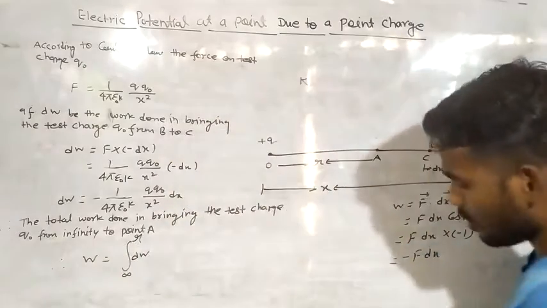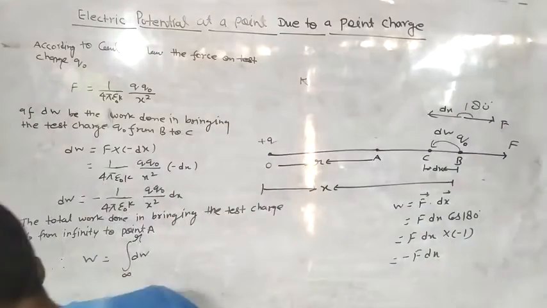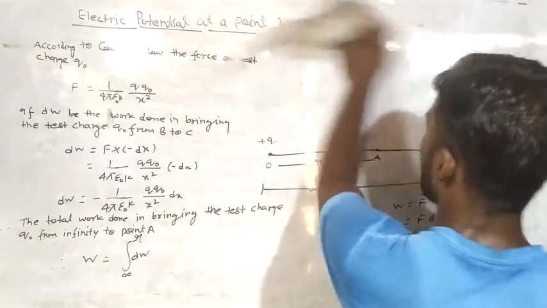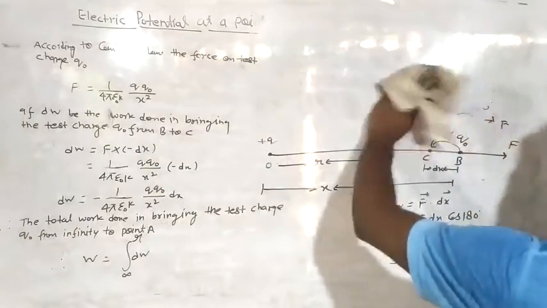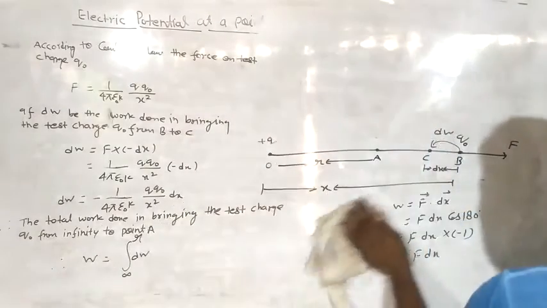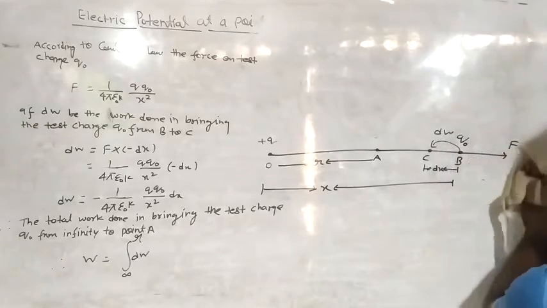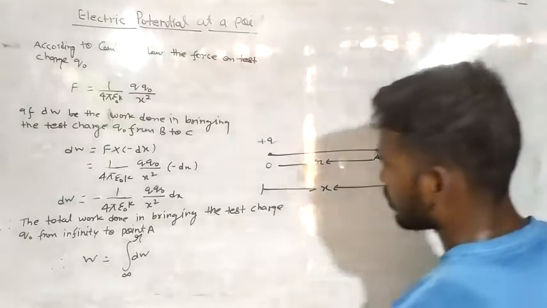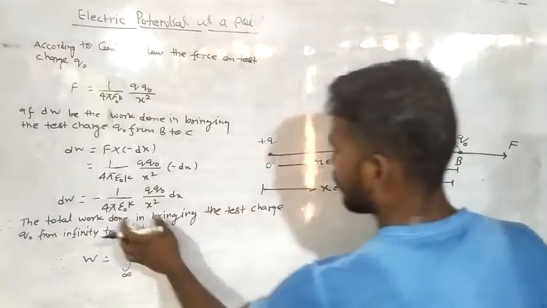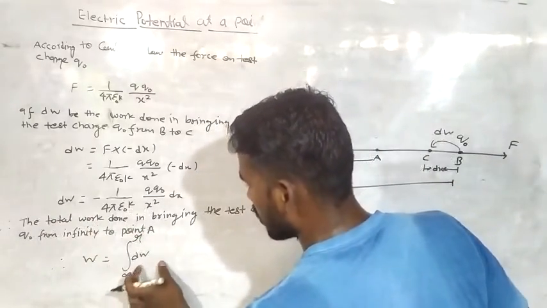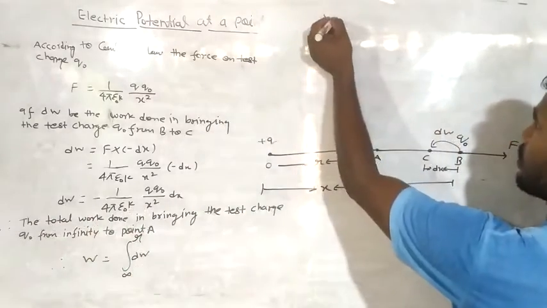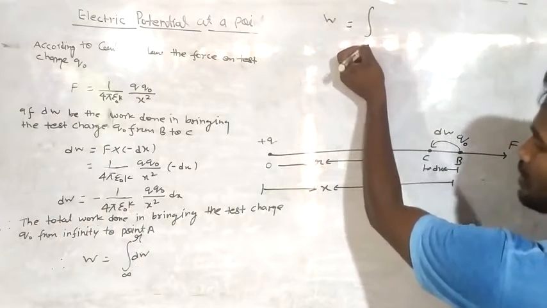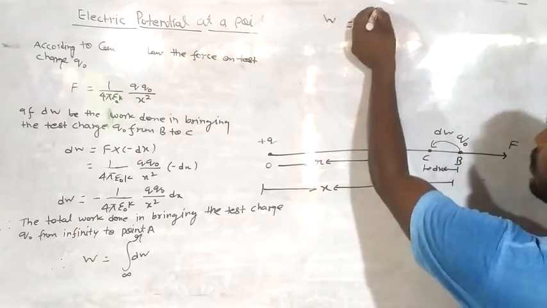Okay, now I am going to erase this. Listen student, now we put the value of dW there. We get W is equal to integration from infinity to r of dW.